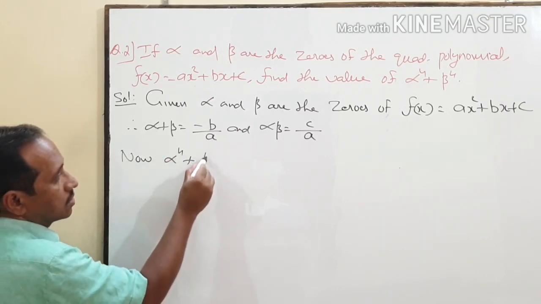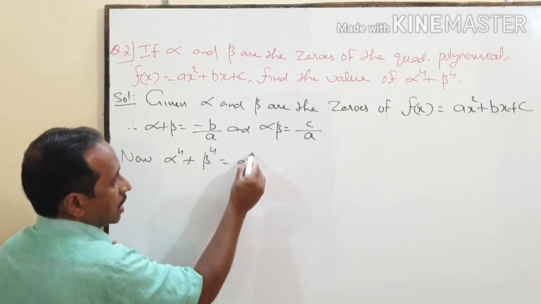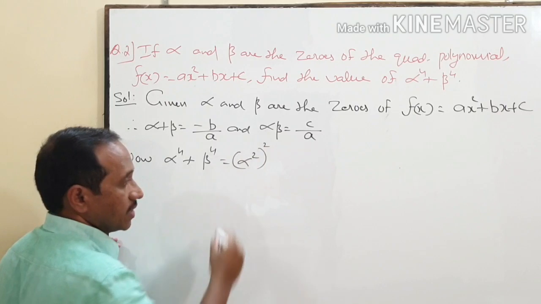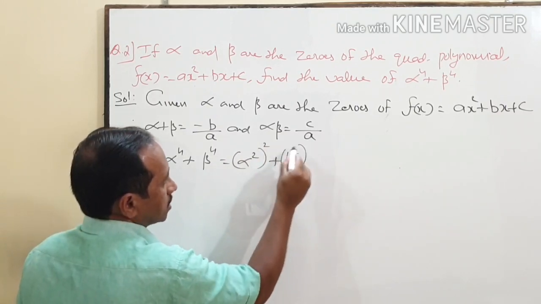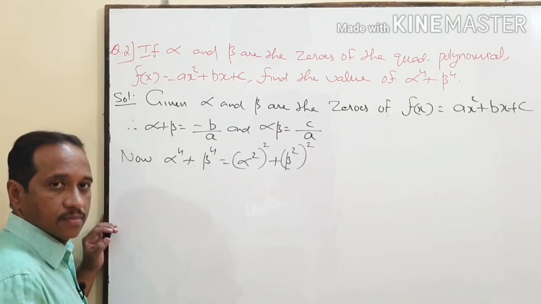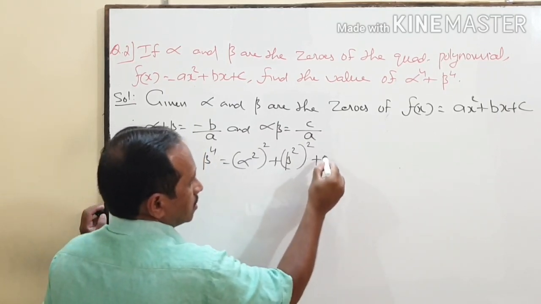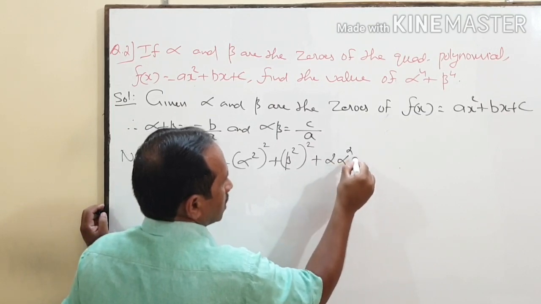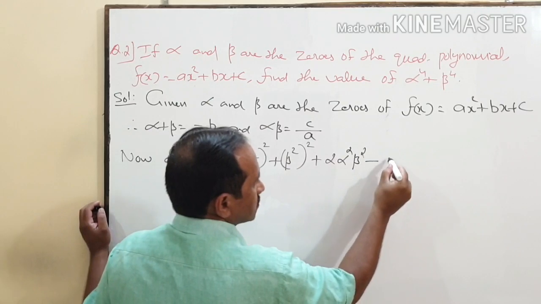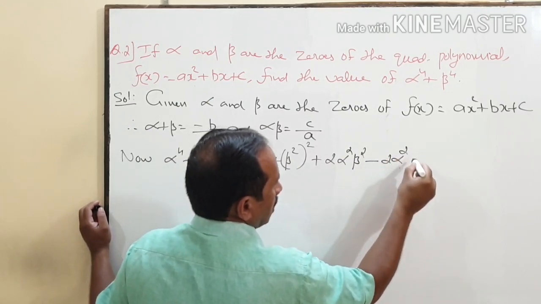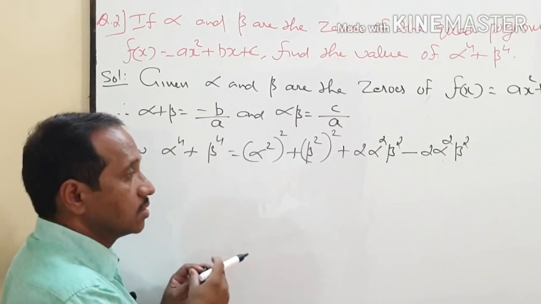alpha raised to 4 plus beta raised to 4 can be written as alpha square the whole square plus beta square the whole square. And now I will add 2 alpha square beta square, and to balance I subtract 2 alpha square beta square. Why I did so?